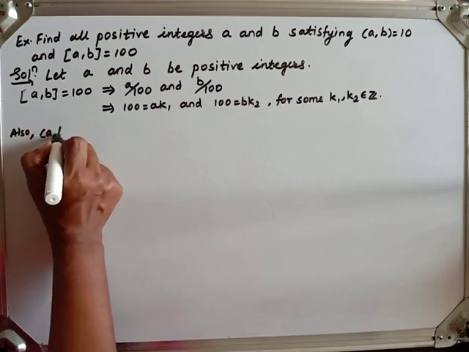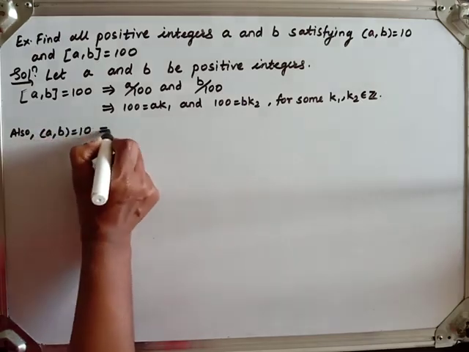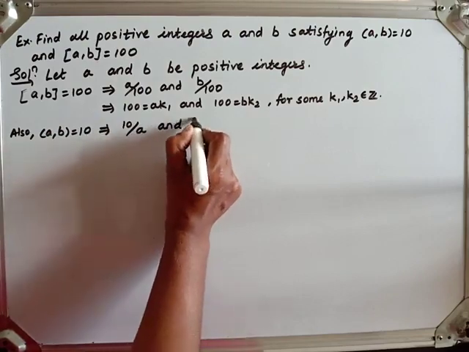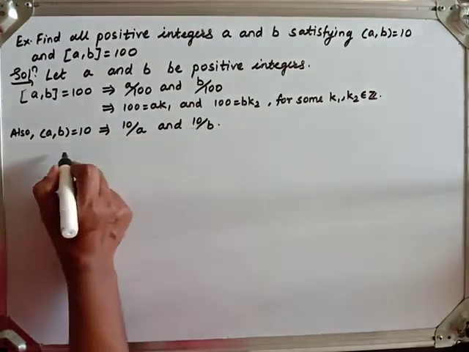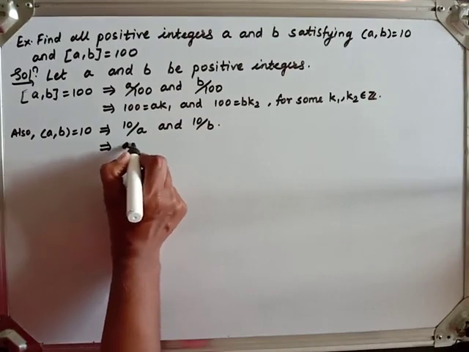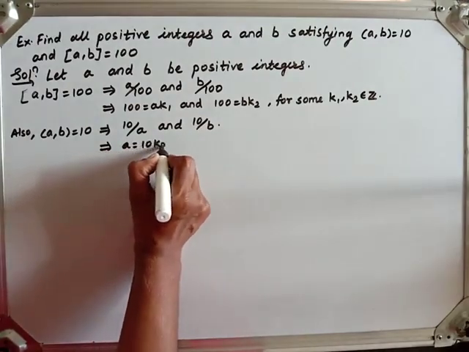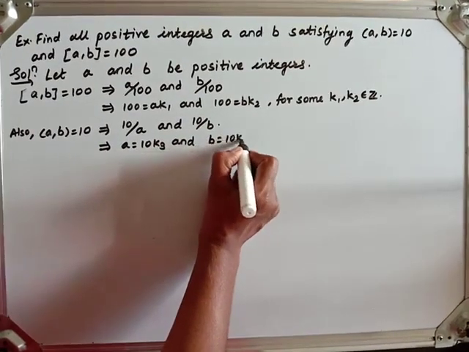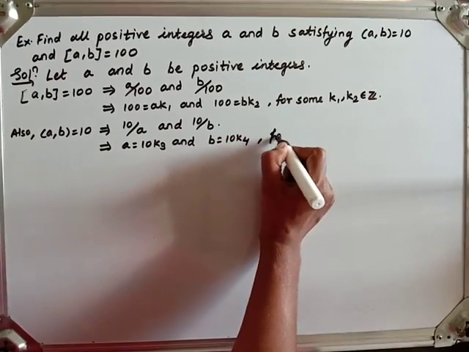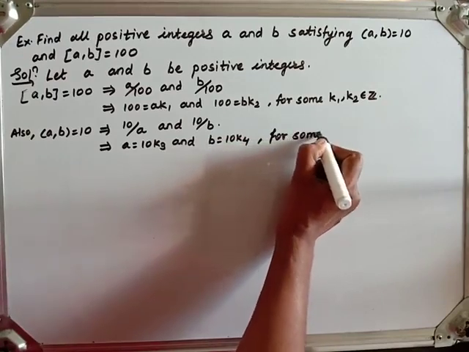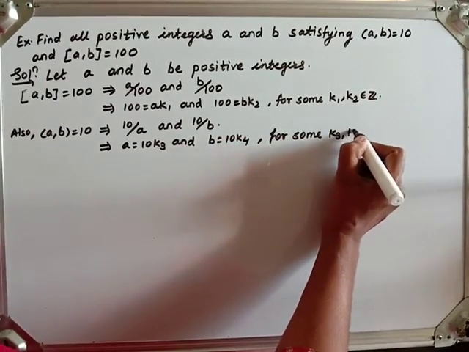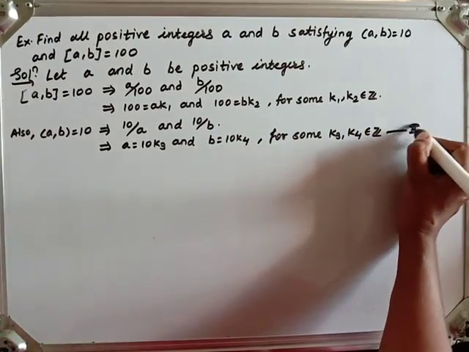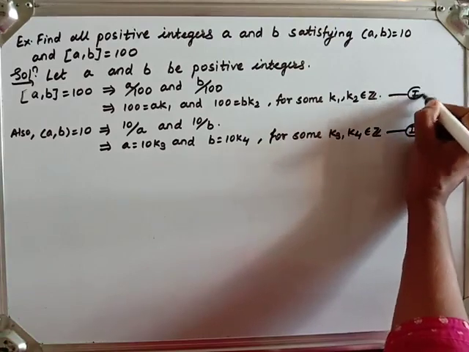Also, the GCD of A and B is 10. So this gives 10 divides A and 10 divides B. So that will be A is equal to 10 K3 and B is equal to 10 K4, for some K3, K4 belonging to Z. Call this equation number 2 and this equation number 1.